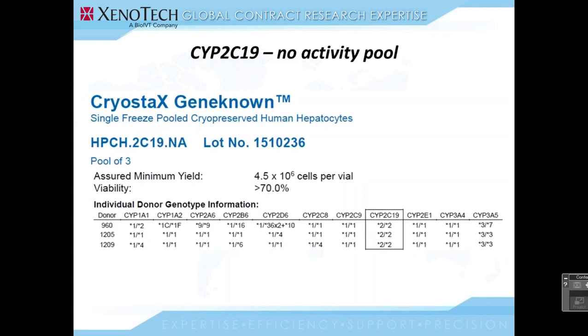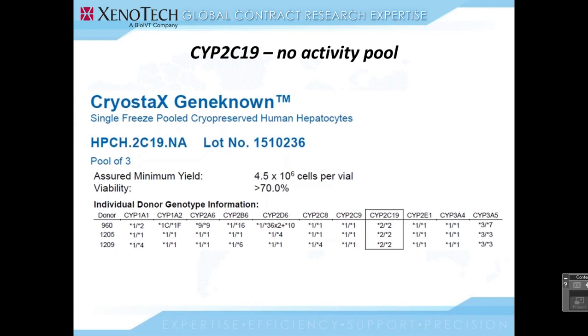Another example of characterization is that for the CYP2C19 no activity pool. The 3 individuals selected for that pool are all homozygous for the *2 allele associated with no activity of the enzyme.